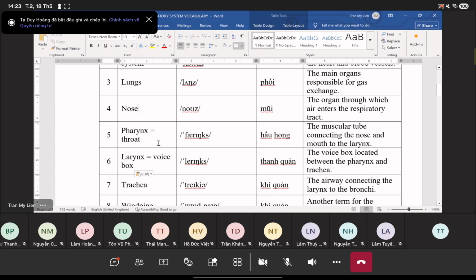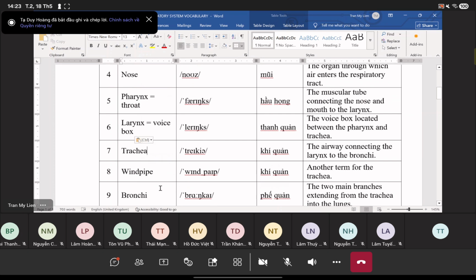Pharynx or throat, larynx or voice box, and trachea or windpipe.